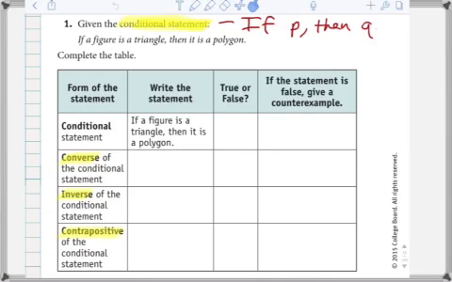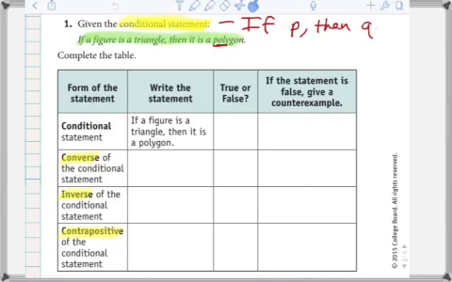A polygon is just a figure that has three or more sides. You get that from the prefix poly, which means more than one. So this can include quadrilaterals, triangles, pentagons, hexagons, any shape that has three or more sides.